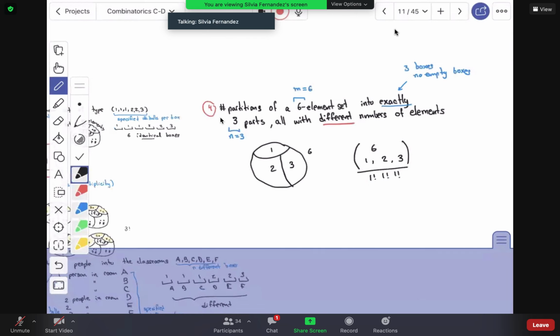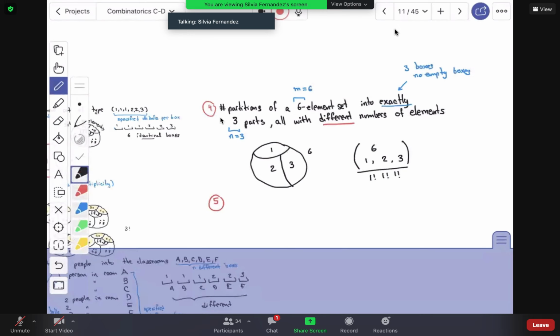But if I change the same problem, so let me change the 6 to a 7.